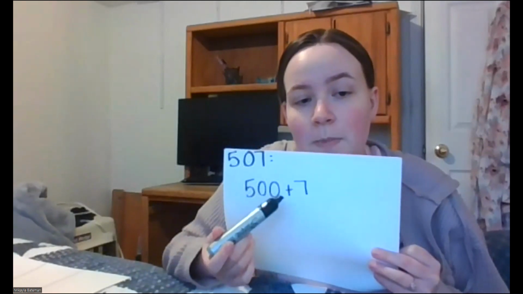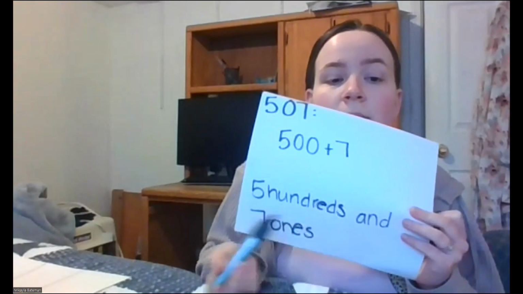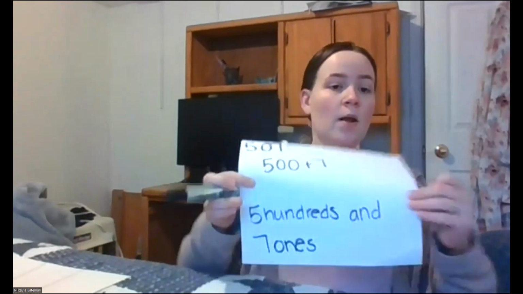Now in word form, you're going to write 500s. Again, we don't have any tens, so don't write any. And 7 ones. So that is in word form, 500s and 7 ones, because again, we don't have any tens.